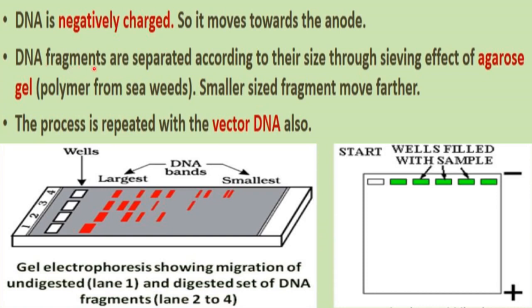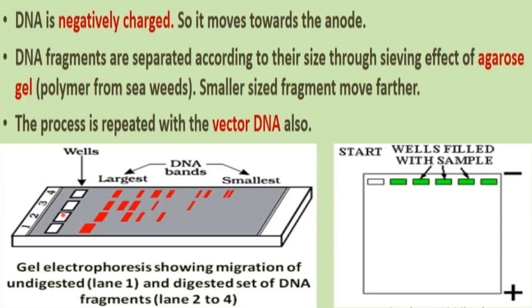Now DNA fragments are separated according to their size through the sieving effect of agarose gel, that is a polymer from seaweeds. From where are we getting the agarose gel? From seaweeds. So this agarose gel is a type of polymer obtained from seaweeds, and here you can see this is a plate which we use for gel electrophoresis, right?